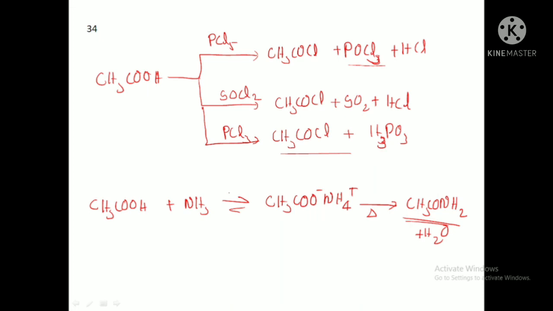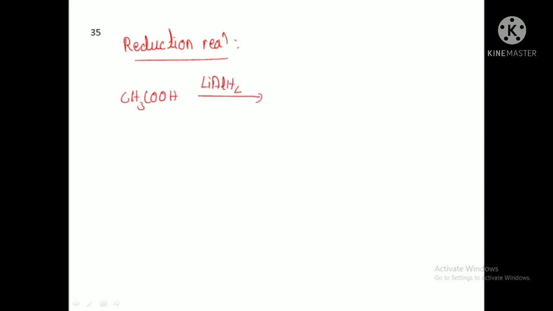Next reaction is reduction reaction. If you take ethanoic acid, CH3COOH, on reduction in the presence of lithium aluminium hydride, which is a very good reducing agent, followed by acidic hydrolysis, H3O plus, it will give alcohol, CH3CH2OH.